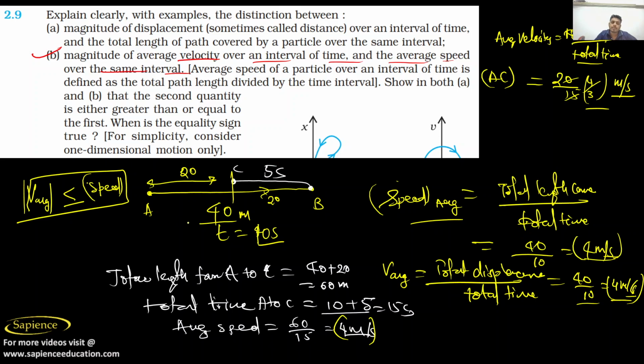But what happens here? Here it is decreasing. So it means that v average is less than or equal to the average speed. So this is your scalar quantity and this is your vector quantity.